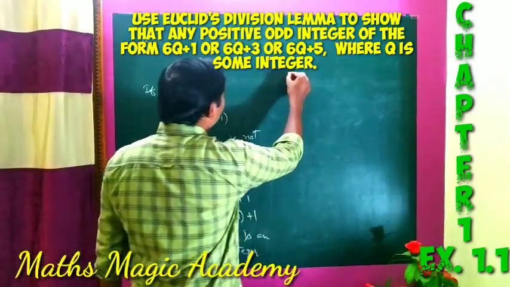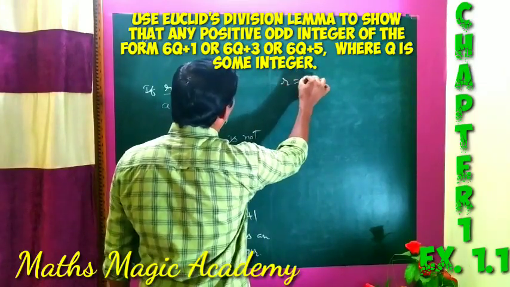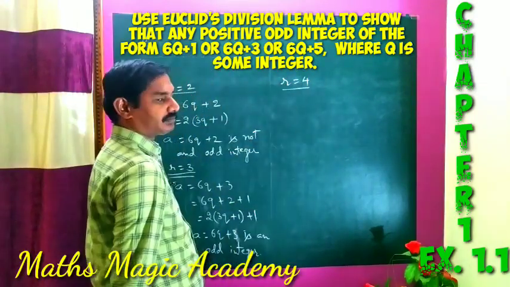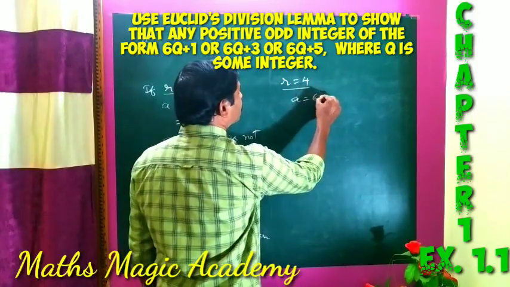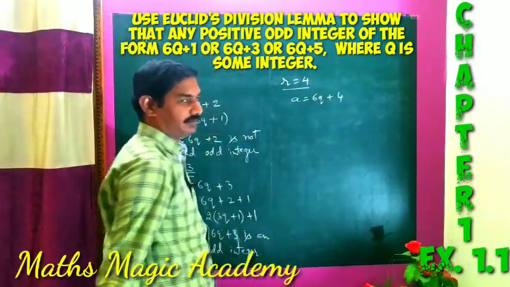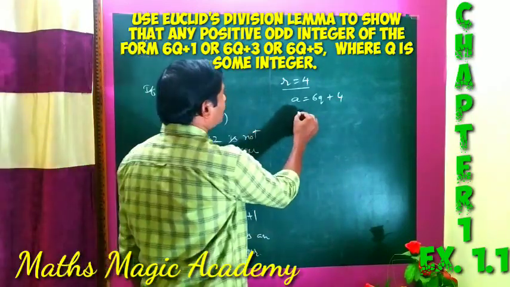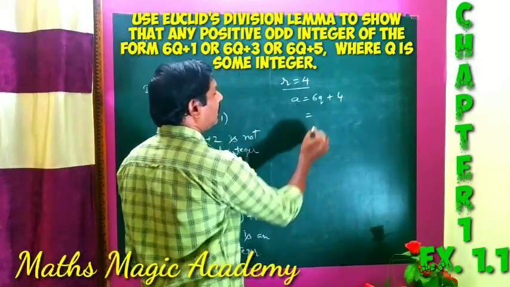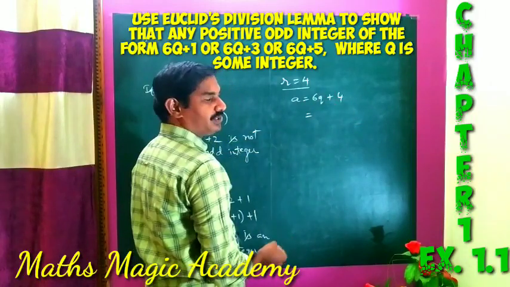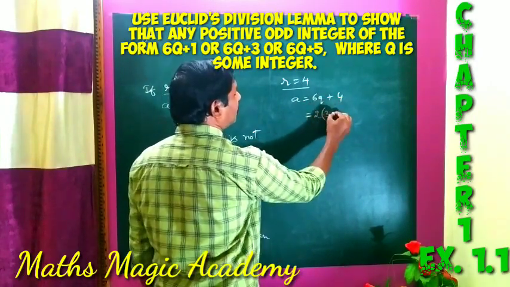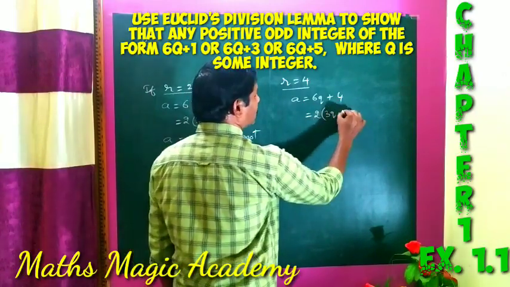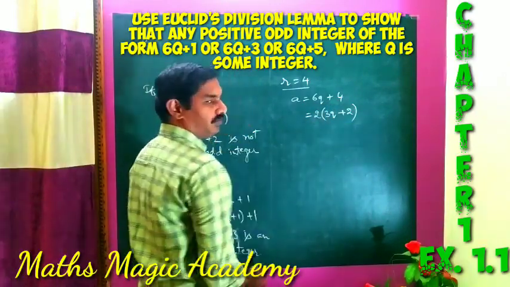Similarly, we will go for r equals 4. Then, as per Euclid's division lemma, a equals 6q plus 4. Here 2 is there, here also 2 is there. If we take 2 common, 2 into 3q plus 2, since 2 twos are 4.